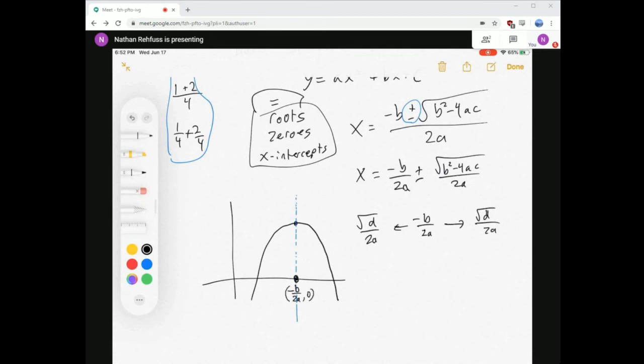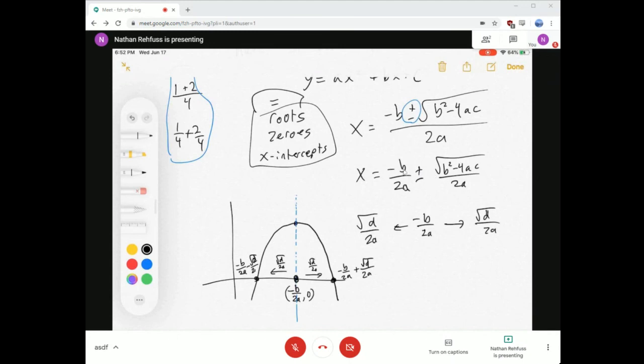And I can go up by the square root of d over 2a, or I could go down by the square root of d over 2a. So these are my two roots. Negative b over 2a plus root d over 2a, and negative b over 2a minus root d over 2a.